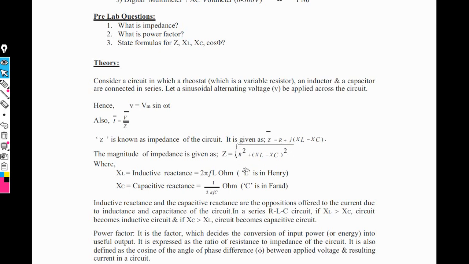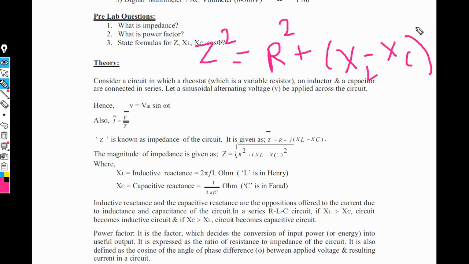Then the magnitude of impedance: Z square is equal to R square plus bracket XL minus XC square.